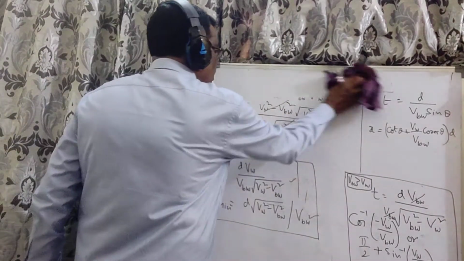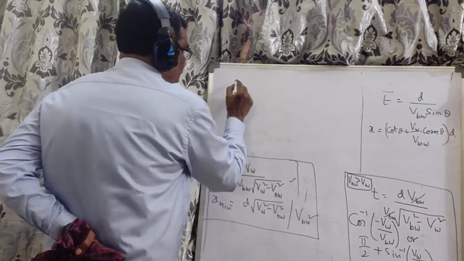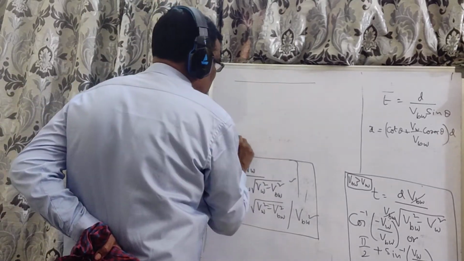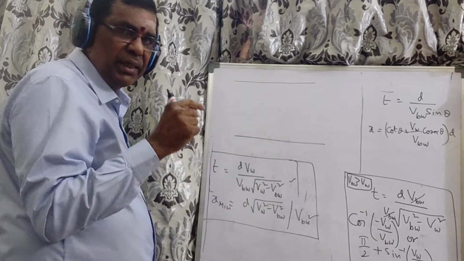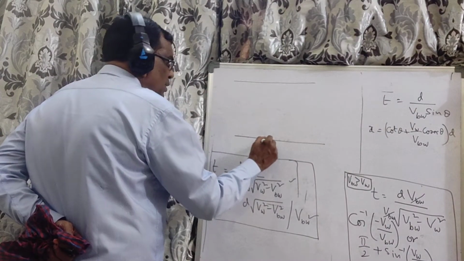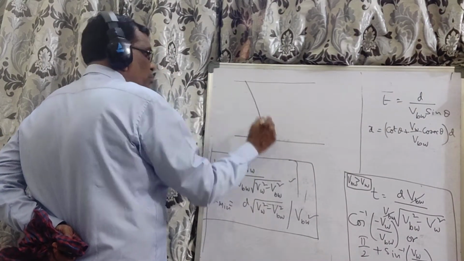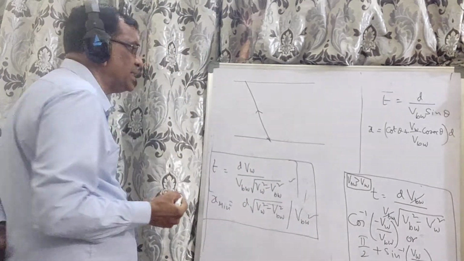Now I will give this pictorially. Now tell me what is the hypotenuse here? You have already got cos theta as minus VBW by VW. So again this is obtuse angle because cos theta negative.